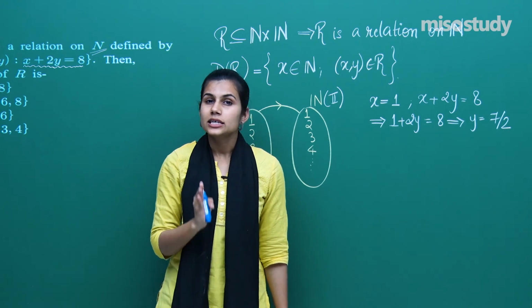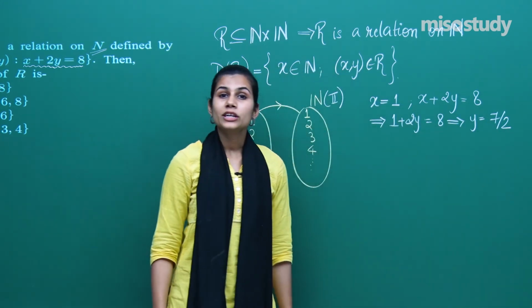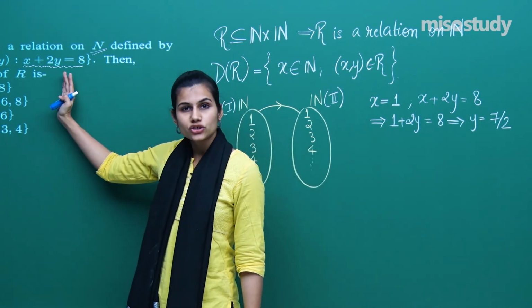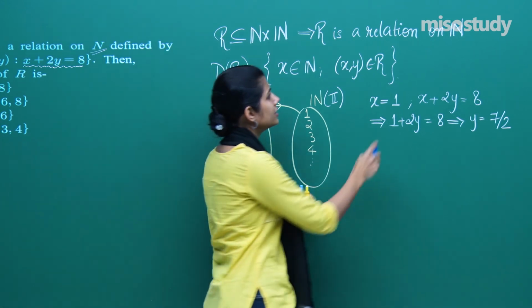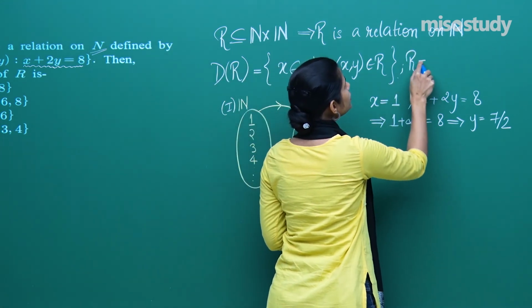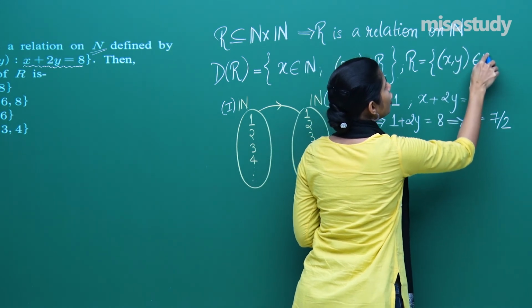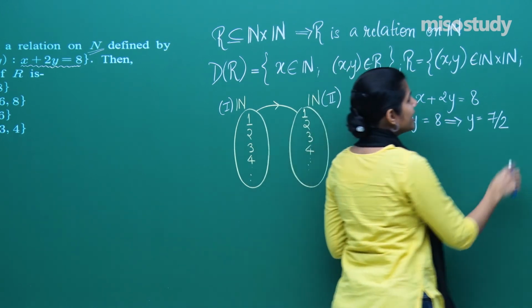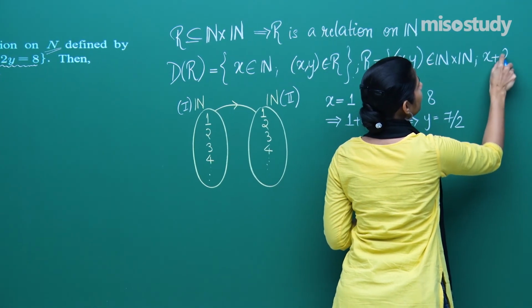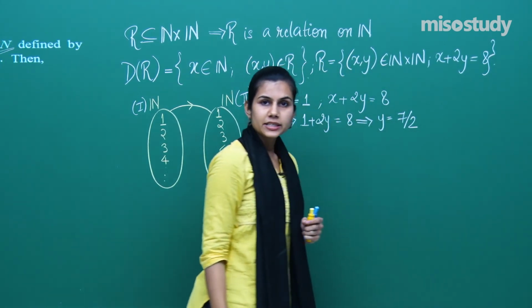But this does not mean that (1, 7/2) is going to come and sit inside the relation R. Because inside R, we have only those ordered pairs sitting in N cross N such that x + 2y is equal to 8.